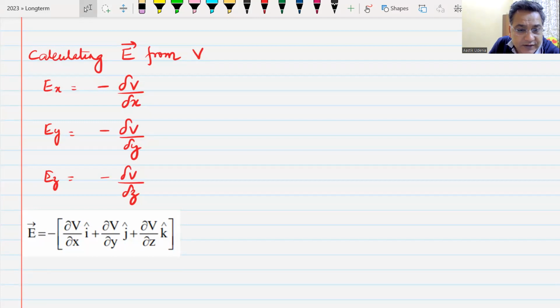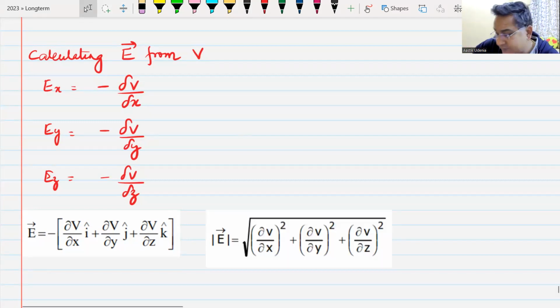And if you want to find out the magnitude of electric field, the magnitude of electric field will be given as the square root of Ex square plus Ey square plus Ez square. Do we understand this, or has this gone above our heads?